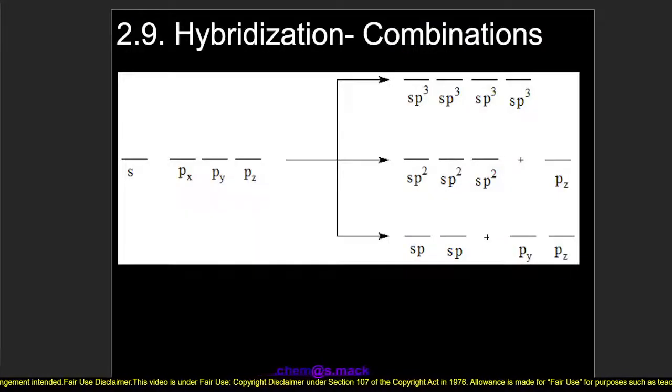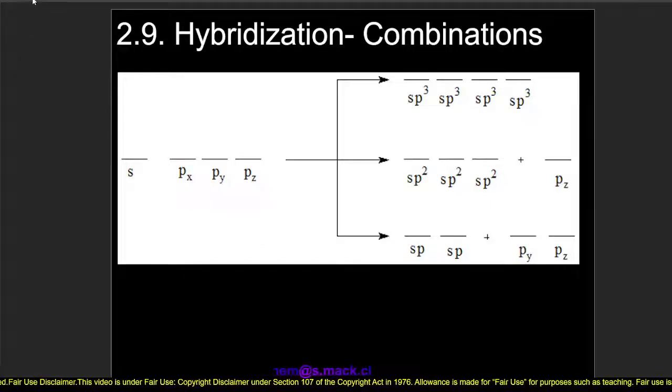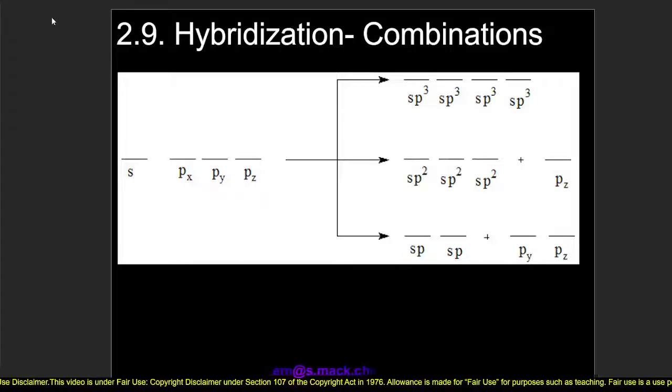Let us look at the possible combinations of these hybrid orbitals which can occur in a compound containing carbon. So we have 1 s electron and 3 p electrons.